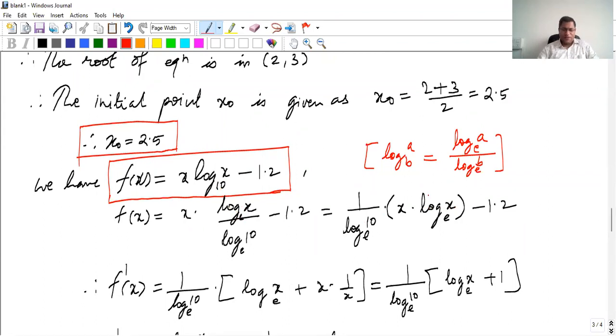In case of exponential or trigonometric functions, the derivative is quite easy. Only when the logarithm function is there and the base is not the natural base, we need to understand how to take the derivative. So first we have to convert it to the natural base, and once we convert it, then we are able to find the derivative.